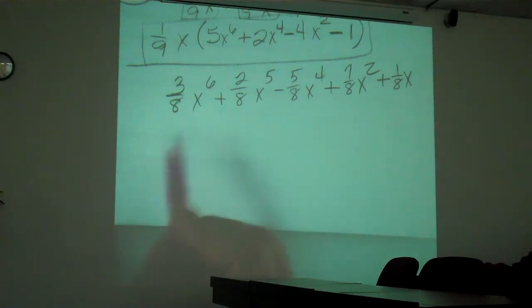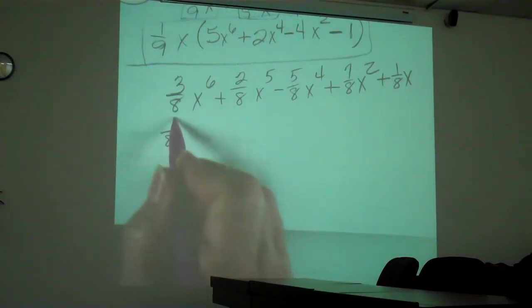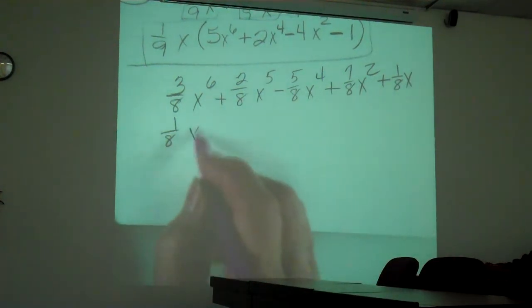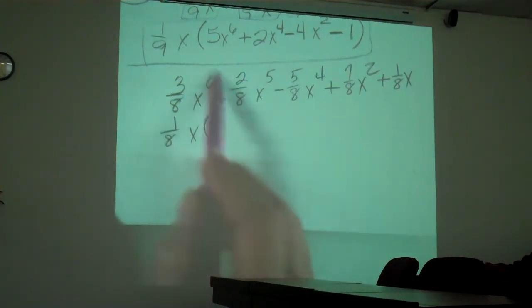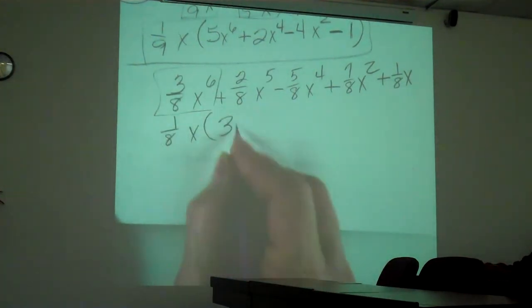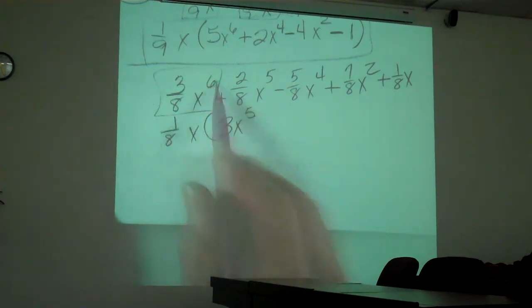What's the number part in the front? 8. They all have 8s in common, right? What's the smallest x? 1. Just 1x. Okay, to get this term, 3. 5 more. 5 and 1 give you 6, okay?